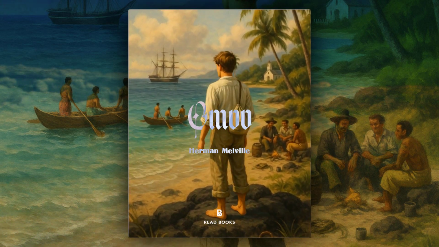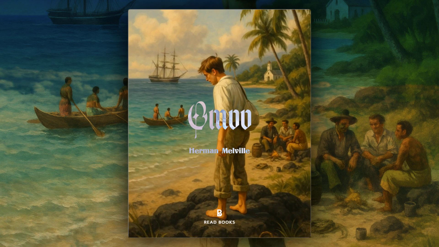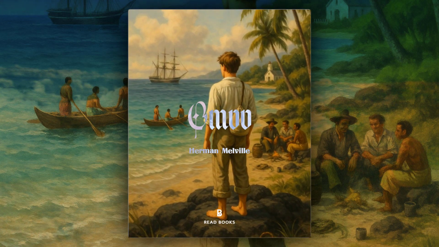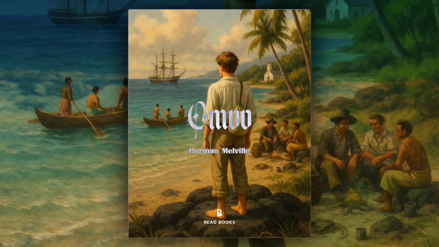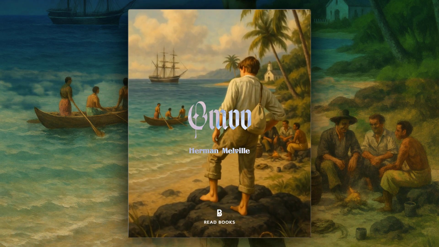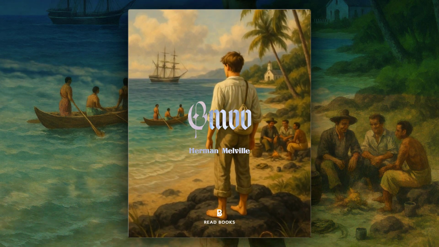As they arrive, he becomes engrossed in the beauty and vibrancy of the islands and their native inhabitants. The crew is not just dealing with the external ocean, but also the complexities of their own personalities and the broader implications of colonialism.